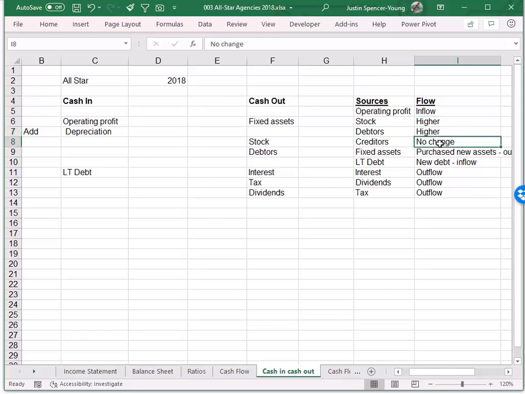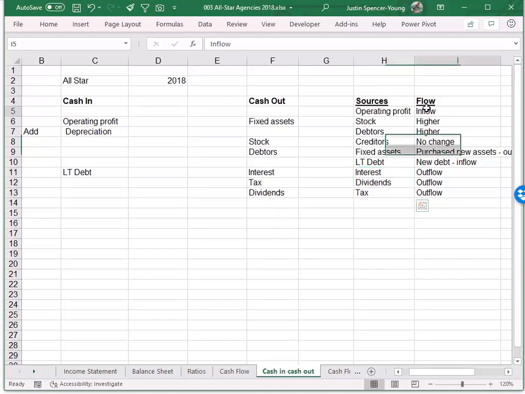The creditors, there was no change from one year to the next, so no cash flow impact. For fixed assets, All-Star purchased new assets, and that therefore represented an outflow of cash. It raised some debt funding, and that represented an inflow. And then all of these items were income statement items. The interest is part of financing, the dividends was an outflow, and the tax was all an outflow.